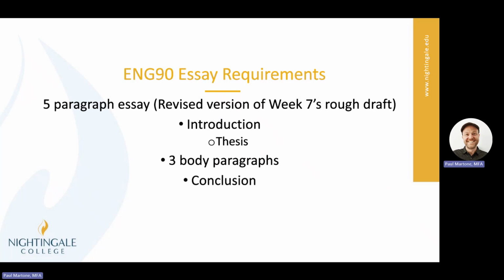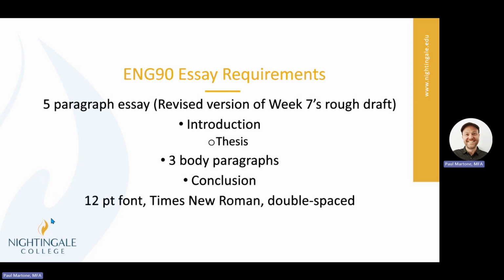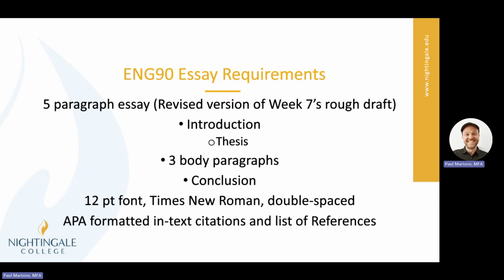And then the conclusion. And again, in the rubric, there are specific requirements for the introduction. In addition to the thesis, there are other things that you need to include in that paragraph, the 3 body paragraphs, and lastly, the conclusion. Please make sure that your final essay is 12-point font, Times New Roman, double-spaced, with APA formatted in-text citations and list of references.